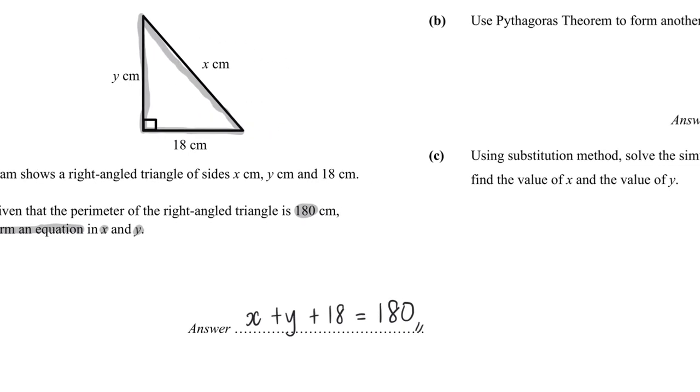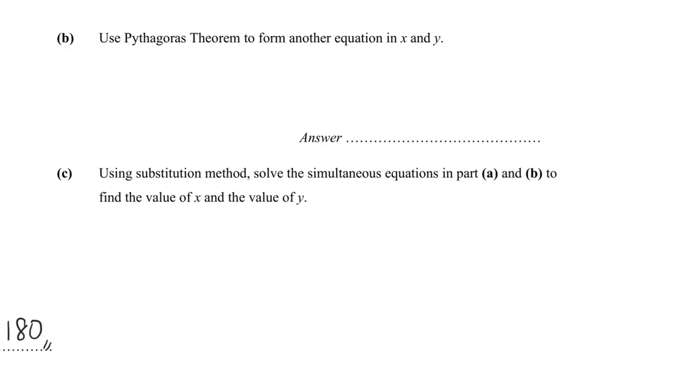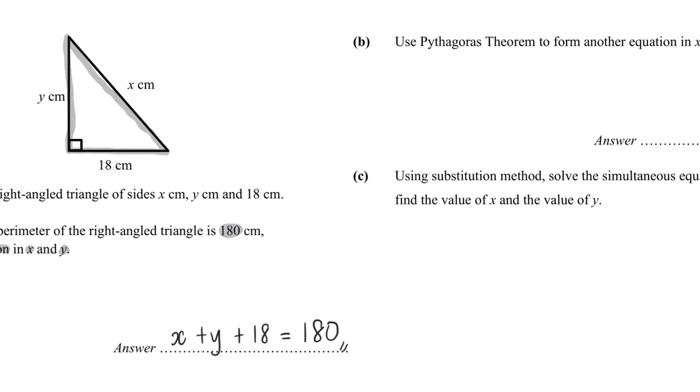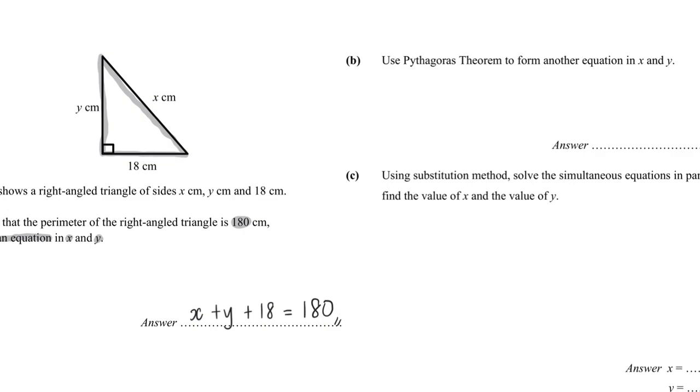For part B, use Pythagoras theorem to form another equation in x and y. So this means that I am going to use the Pythagoras theorem in that the square of y and 18, the sum of this square, when I add them out, they will be equal to the square of x.